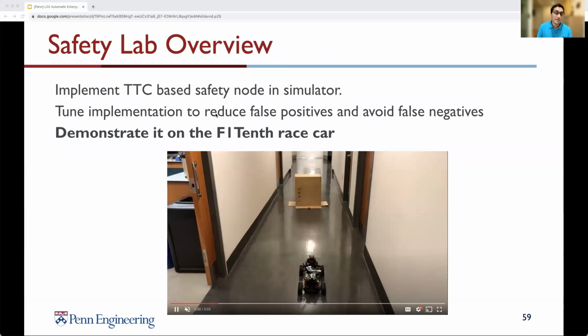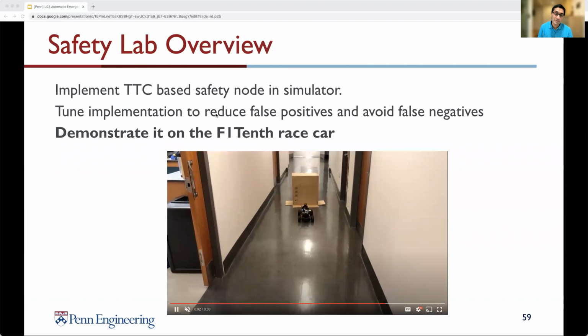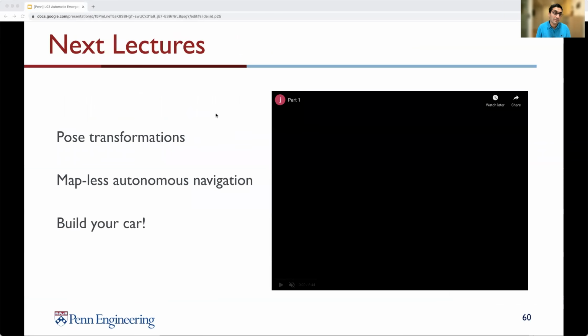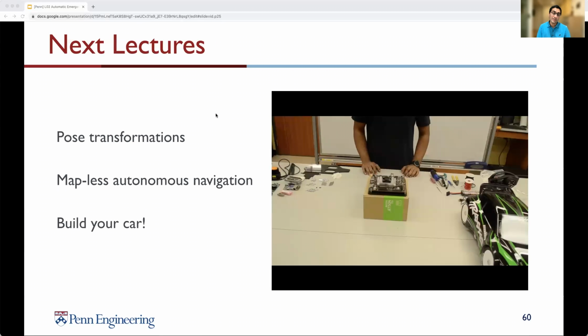Now, once you are able to do something in the simulator, we give you the car and you can actually run this lab in the car and show us how you don't crash into all these boxes and into the corridor. So in the next upcoming lectures, we will study pose transformations, so coordinate systems for rigid bodies and transformations for them.